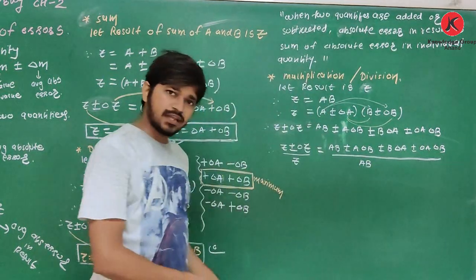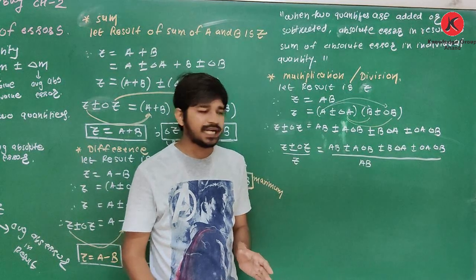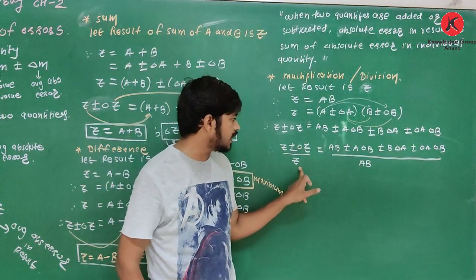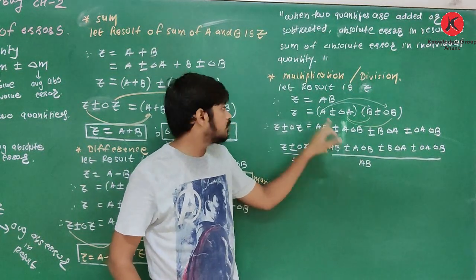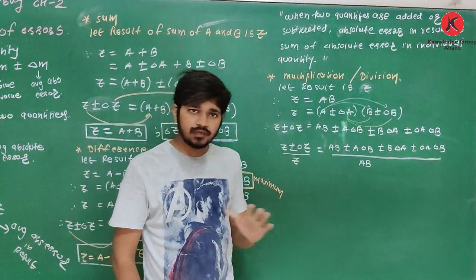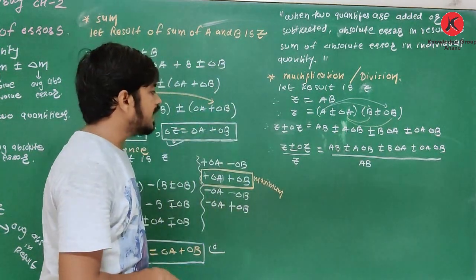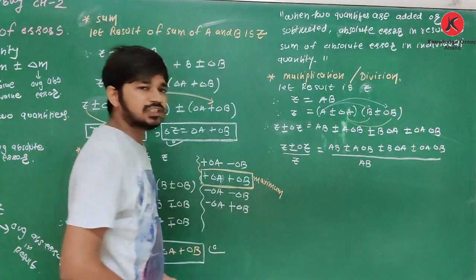ab. Why ab? I said you have to divide both sides by z. This side I have divided by z, this side by ab. Why? Because z is equal to ab. Clear about this? So yes, now we will divide by z for each and every term.